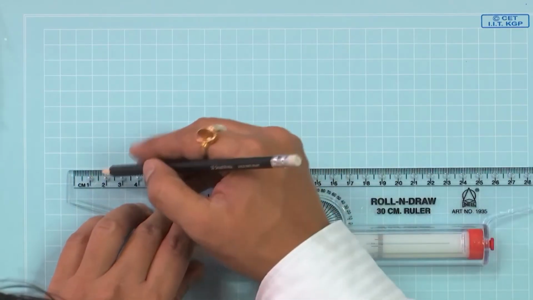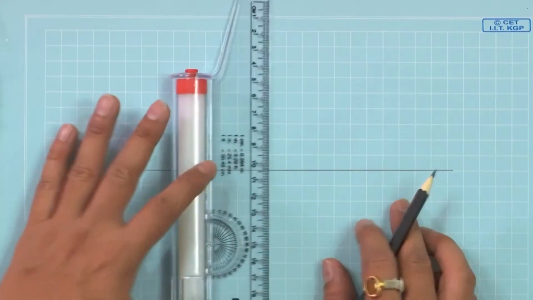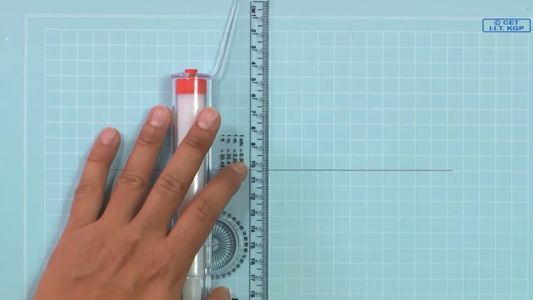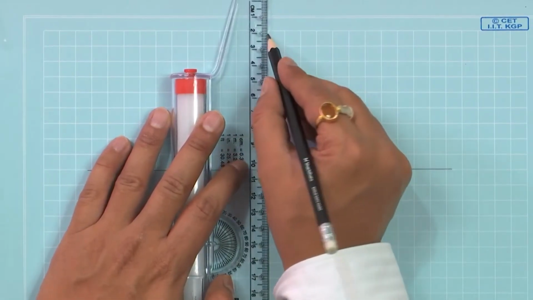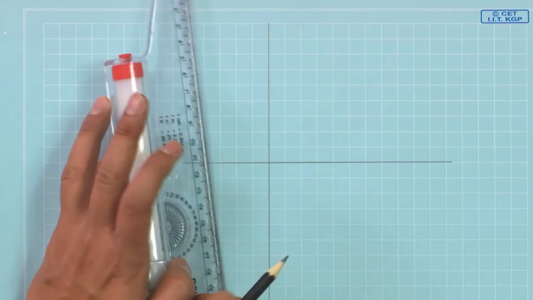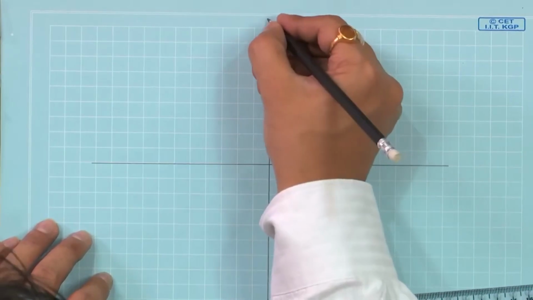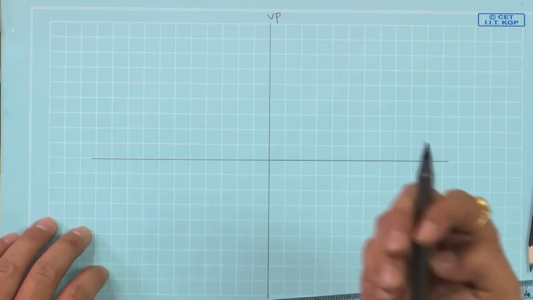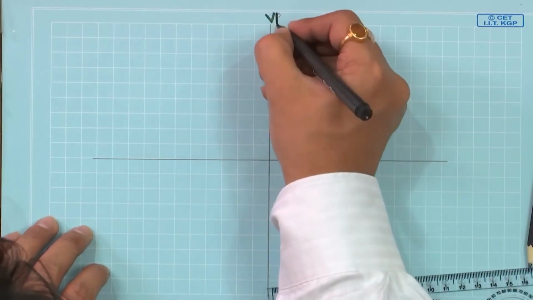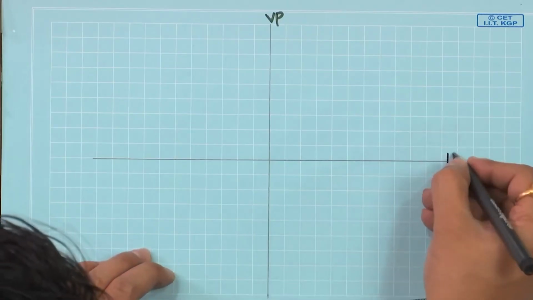Construct a horizontal plane and a vertical plane. This is the vertical plane. Let us use marking. This is the vertical plane and this is the horizontal plane.